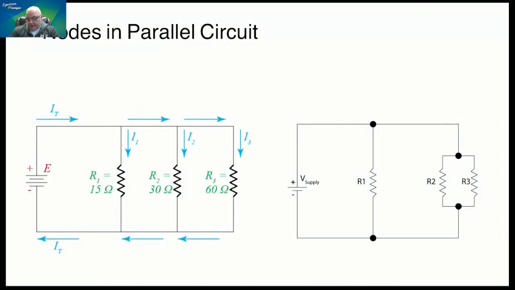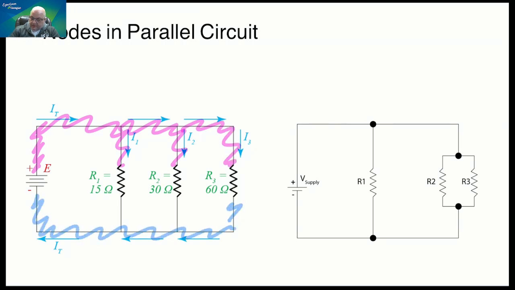However, in a parallel circuit, that is obviously not the case. There are supposed to be different connections there. For example, there is a node in this parallel circuit right here, and there is another node right here. In a circuit that is strictly parallel, meaning everything is connected in parallel, you will have only 2 nodes. This will be one node, and this would be a second node. This would be the proper representation of a circuit where everything is connected in parallel.